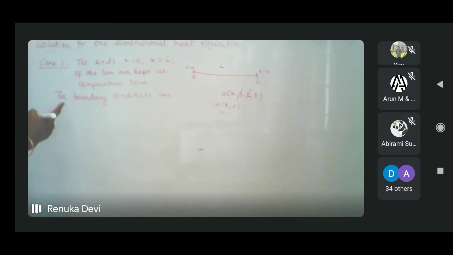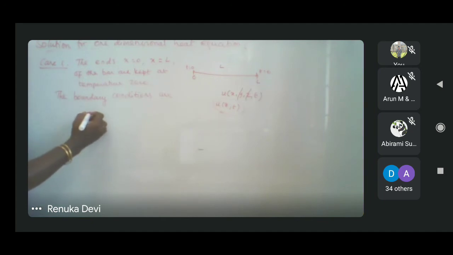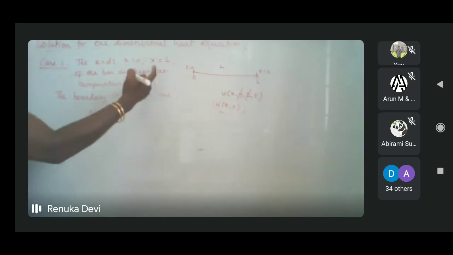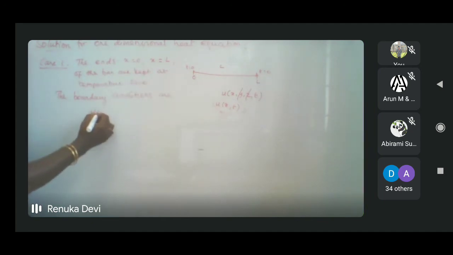That is the boundary condition. What are the boundary conditions? It will be x equal to 0, x equal to L and t equal to 0. There are three. So first I take x equal to 0, so u of 0 comma t, the temperature at the starting point.